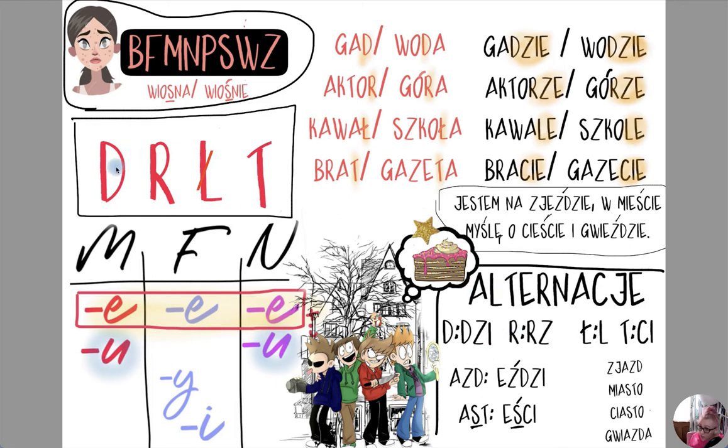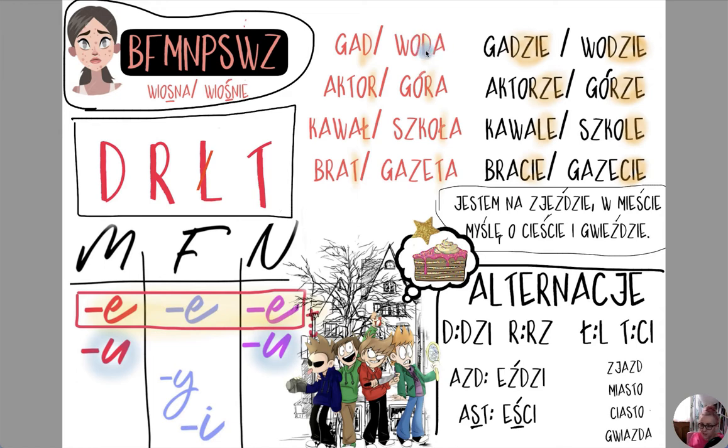Let's start with the d consonant. Again, regardless of the gender. Look, I give you here two examples. The first example is the word gad, which is a reptile. So reptile po polsku gad, masculine noun, and the feminine noun woda. I drop the a.